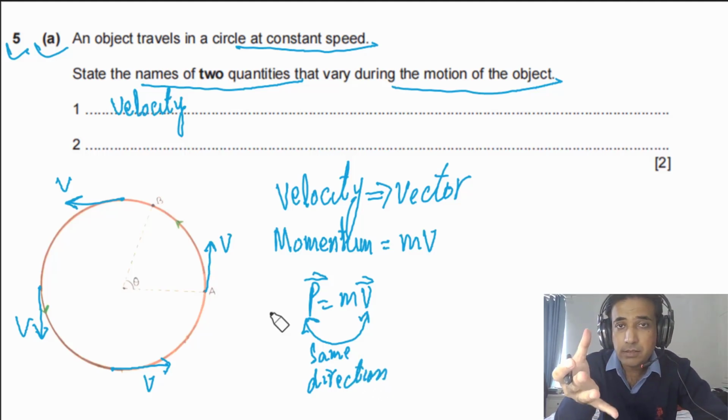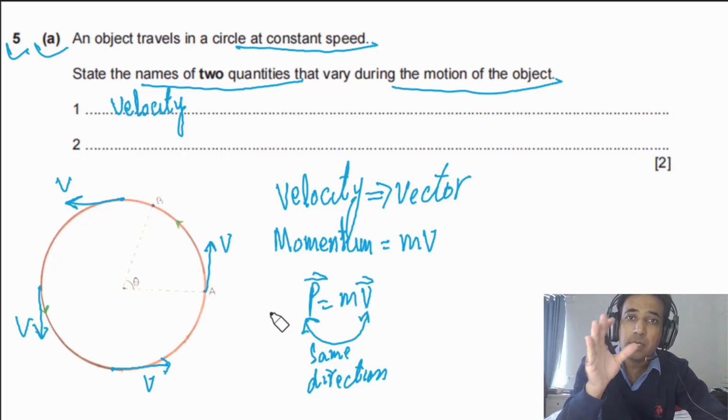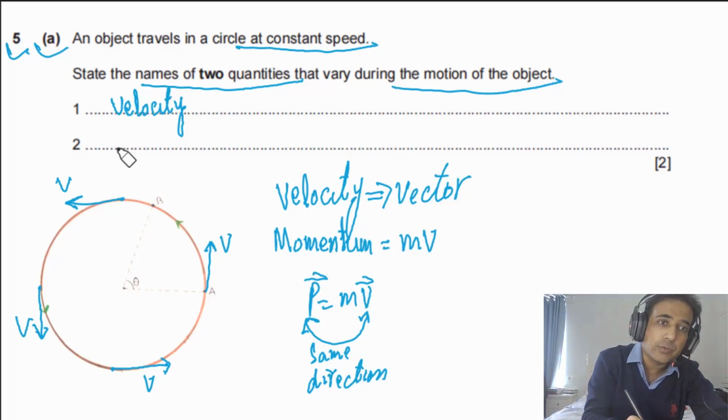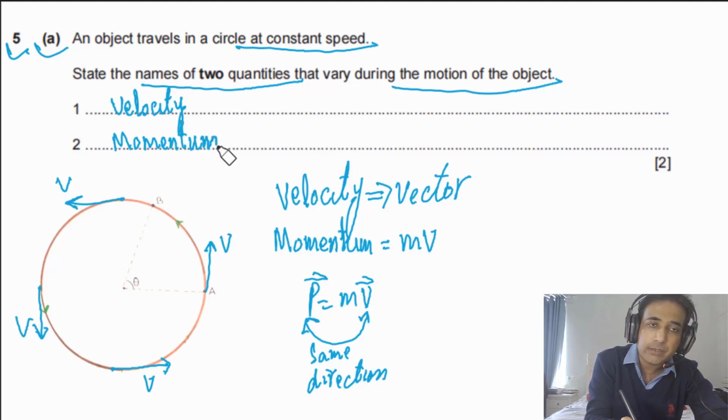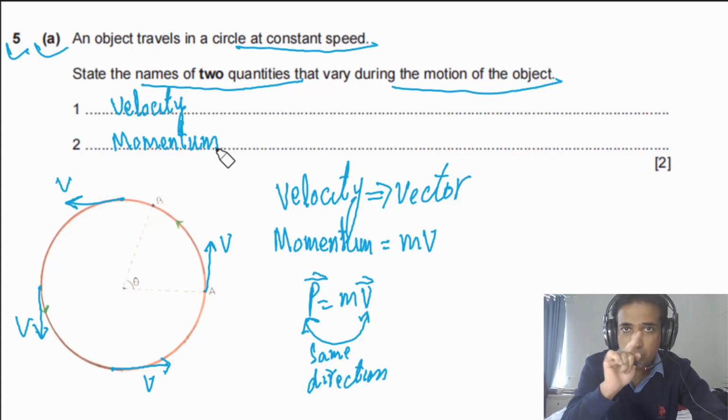As in this case, direction of velocity is changing, it means direction of momentum is also changing, so momentum is also changing. So we can write down the second quantity, that is momentum. So momentum keeps on changing during this motion.